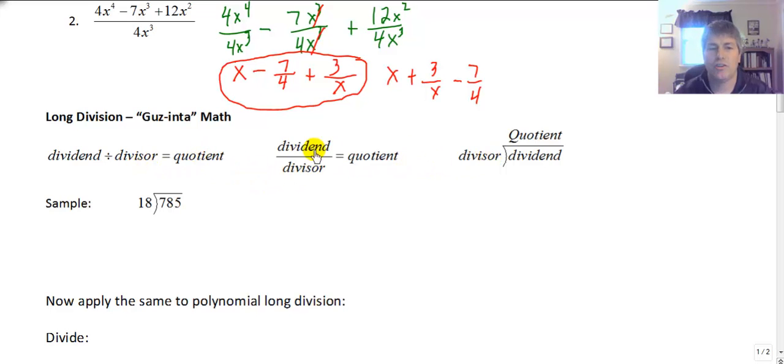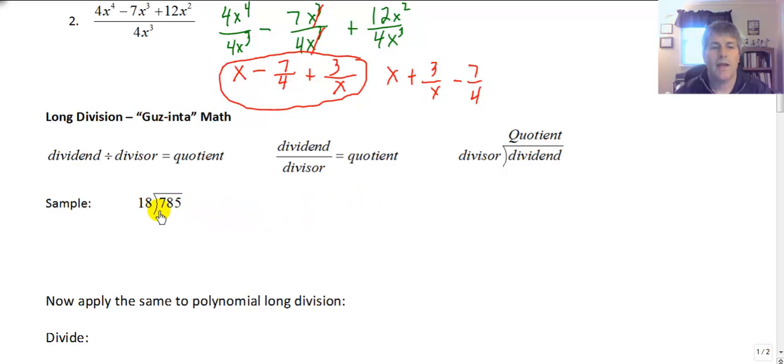three different ways to show division. Using our vocabulary, the dividend divided by the divisor equals the quotient. We can write it in fraction form. Or using our long division bar, the dividend divided by the divisor equals the quotient.